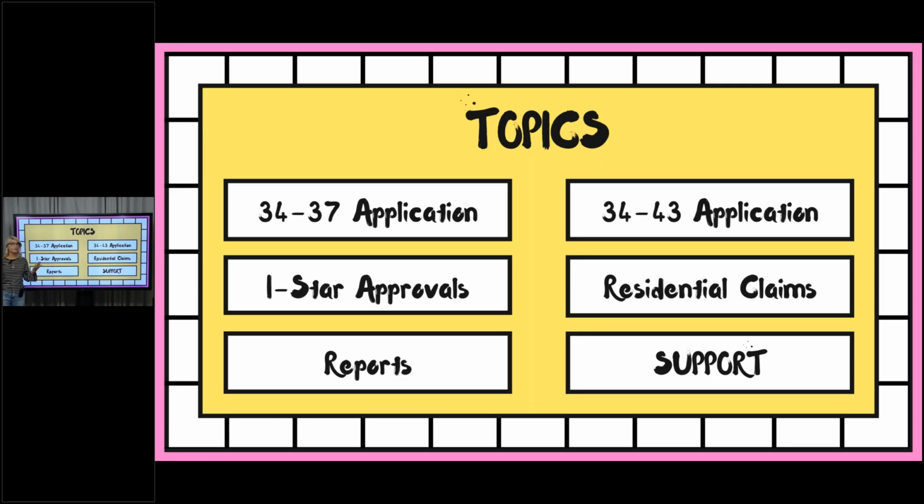So it's read-only to everyone except for ISB employees. So I can't edit it, you can't, but you'll be able to see the application. It will tell you all of the information you need to know about the child and their eligibility as far as their disabilities, their time lengths, their placement, those things, okay? We'll also talk about the 3443 application, iStar approvals, your residential claims, we'll do reports, and then how you can get support from us if you need to.